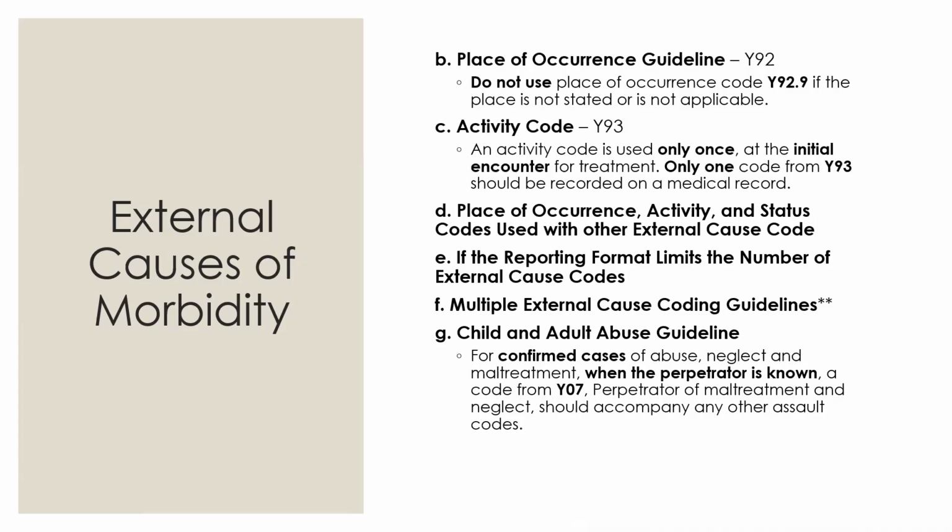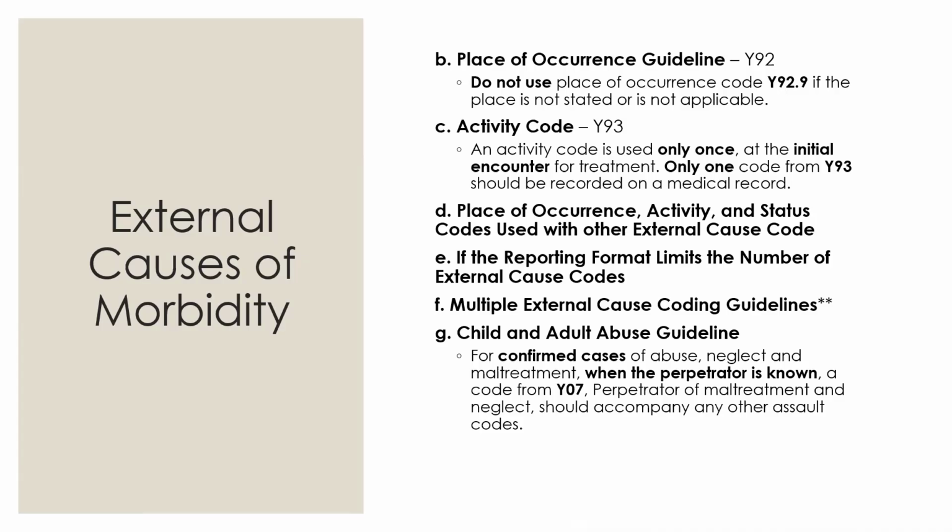Adult and child abuse, neglect, and maltreatment are classified as assault. Any of the assault codes may be used to indicate the external cause of any injury resulting from the confirmed abuse.